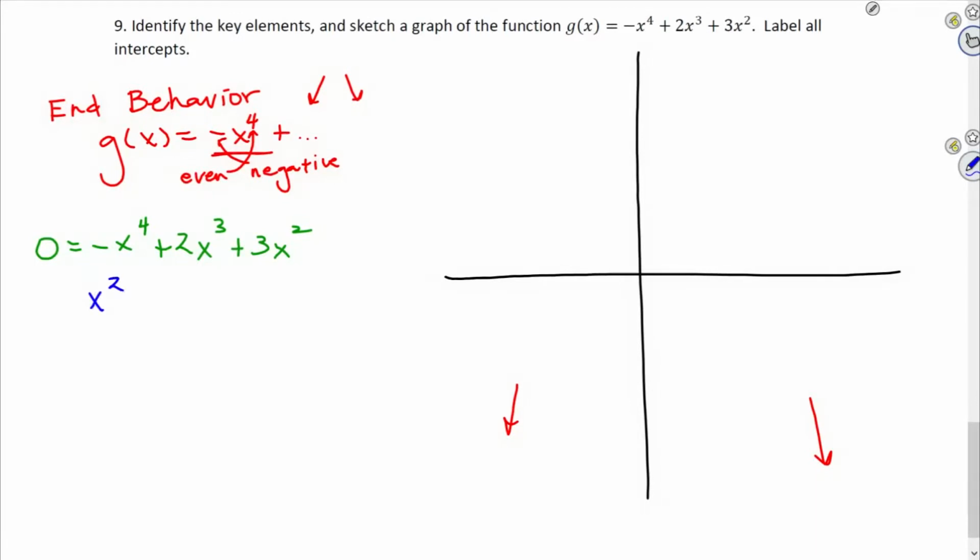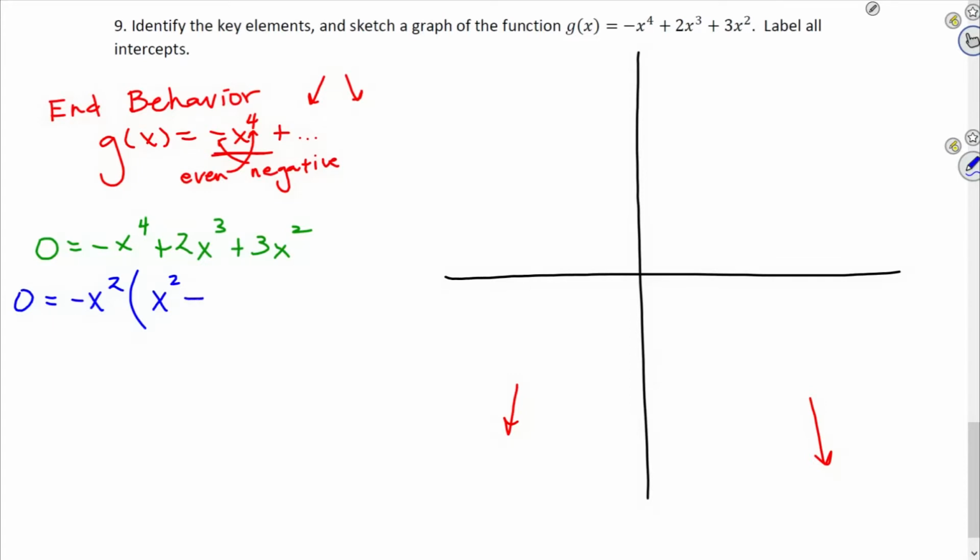But my first term is negative, and I usually like my first term to be positive when I'm factoring a trinomial, so I'll pull out a negative x squared as my GCF. What I'm left with is a positive x squared, and then negative x squared times what is positive 2x cubed?